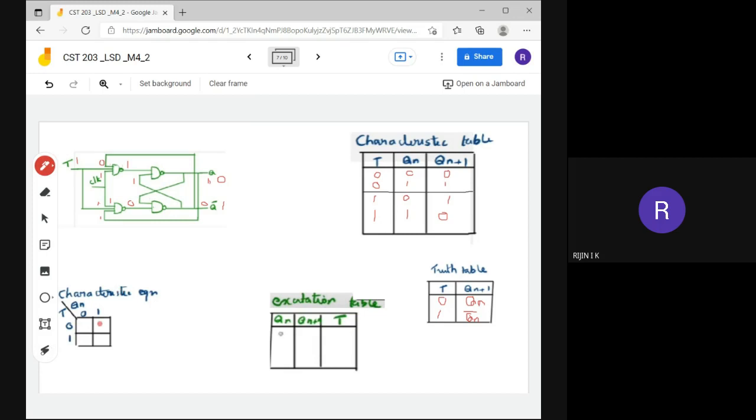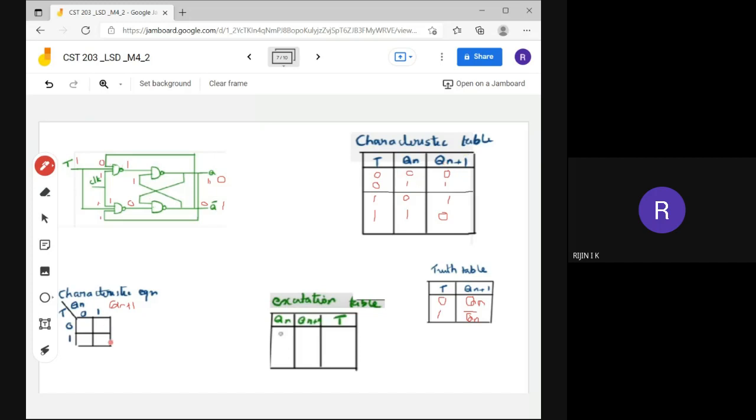Next we can find the characteristics equation. For finding the characteristics equation, you can use this K-map. We are finding the characteristics equation for Qn plus 1, from this characteristics table.